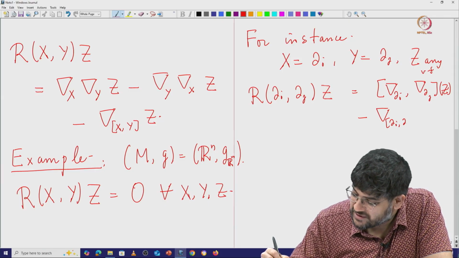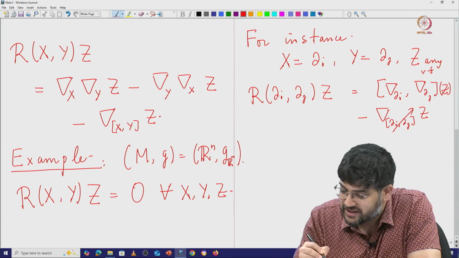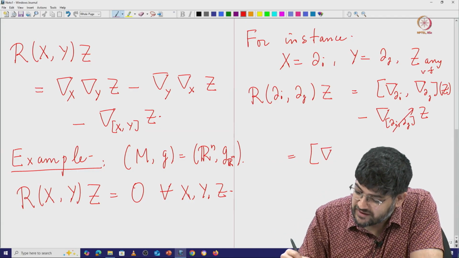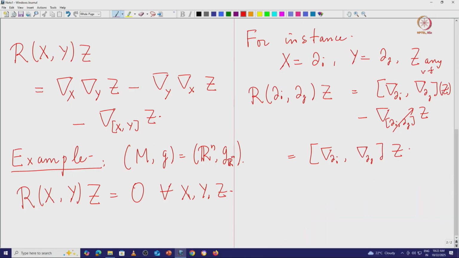Then of course the standard basis vectors commute under the Lie bracket, so this term will disappear. So this will just be this, which is precisely del square Z by del xi del xj minus del square Z by del xj del xi, which by Clairaut's theorem is 0. So for Rn with the usual Euclidean metric, the curvature endomorphism vanishes completely, identically.